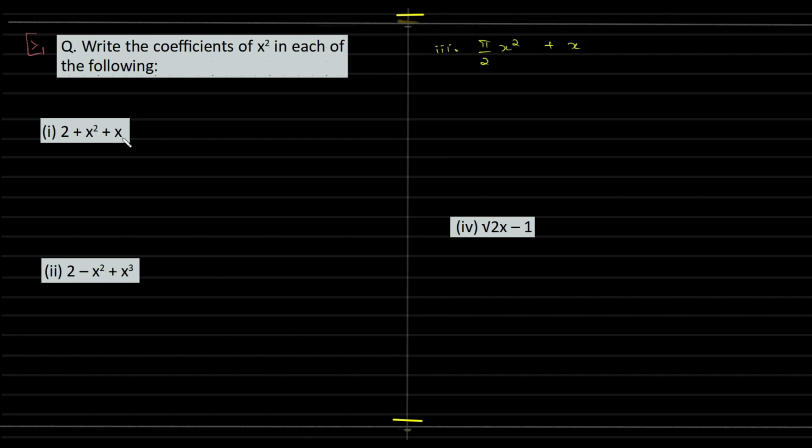Okay. So how do you do this? First thing is we'll write it in standard form. So I hope you guys have watched the basics. The standard form of writing a polynomial is from the highest power, in this case x square, then in the descending order. So the next is x and the last is 2.